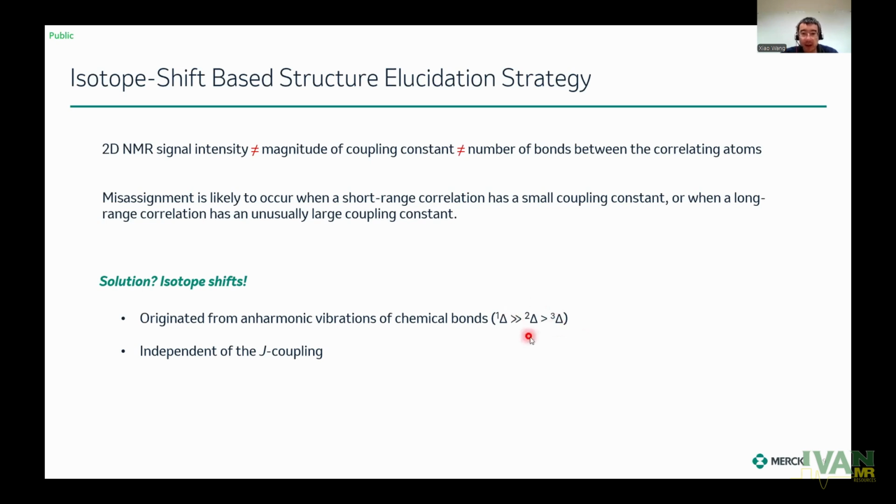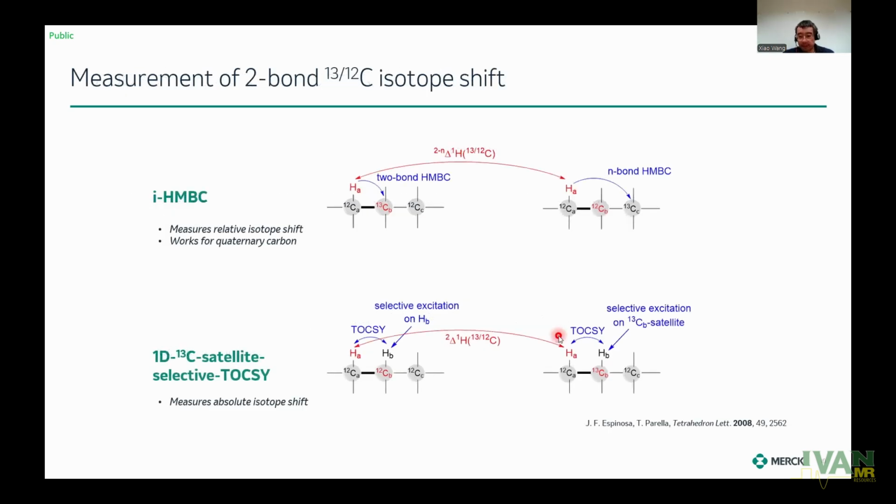This is the key, and the foundation of i-HMBC: how we differentiate 2-bond correlations from longer range correlations. And now we are thinking of using isotope shift to construct the carbon-carbon bond. For i-HMBC, what we observe is actually a relative isotope shift because of how the experiment was run.